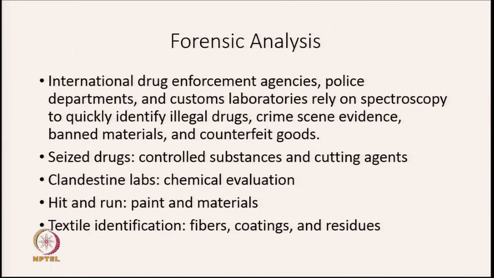Clandestine labs can also be identified. In the case of hit and run, paints and materials associated with the vehicle can be analyzed to catch a suspect. In the crime scene, identification of textile plays a very important part.